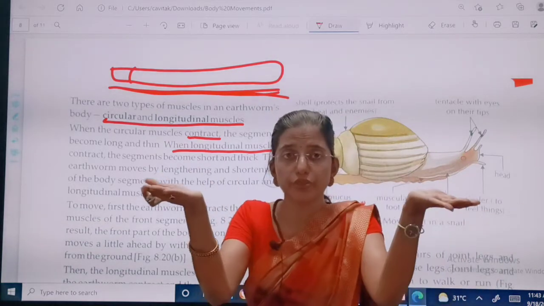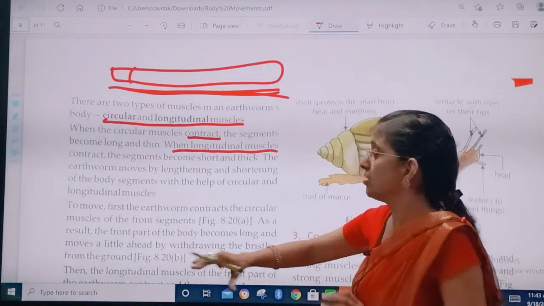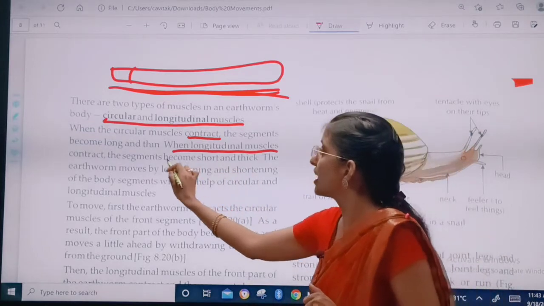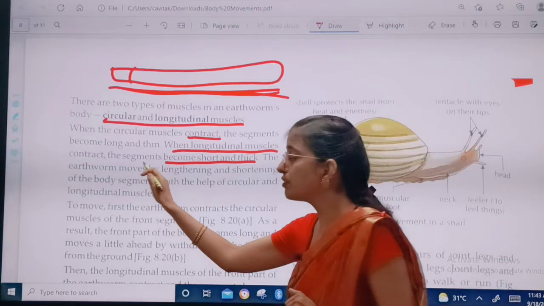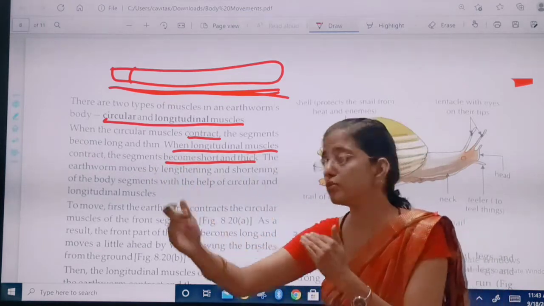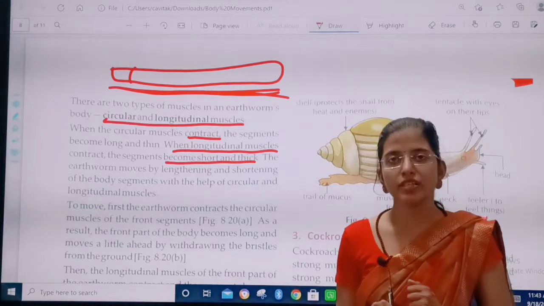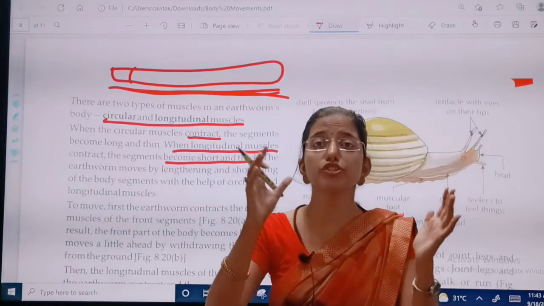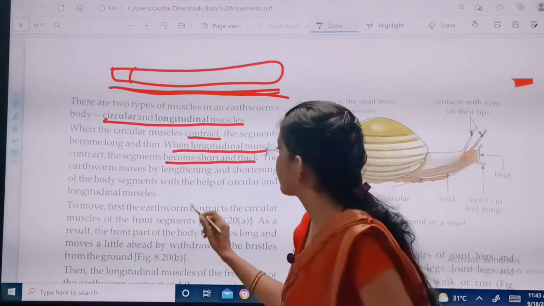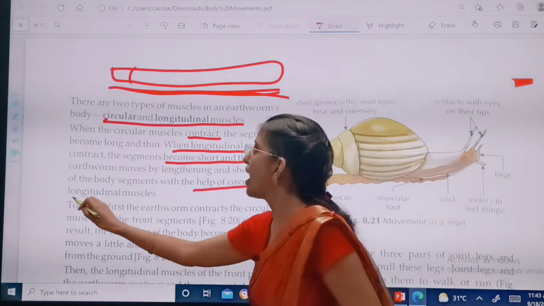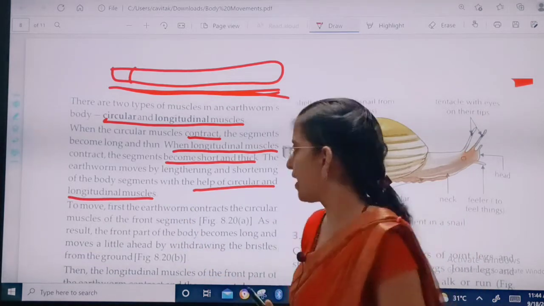The segments will become thick. See, the segments become thick and short. The earthworm moves by lengthening and shortening of the body segments. How does the earthworm move? Its segments lengthen or shorten with the help of circular and longitudinal muscles, because muscles always work in pairs.